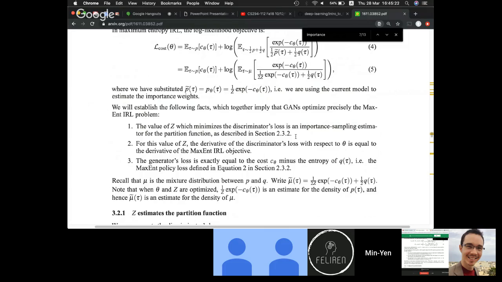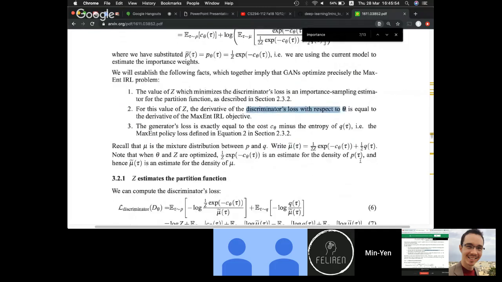For this value of z, the partition function, the derivative of the discriminator's loss with respect to the parameters theta is equal to the derivative of the maximum entropy objective function. That means it appropriately fits. The generator's loss is exactly equal to the cost c theta minus the entropy of pi, which is the maximum entropy policy loss defined in equation 2.